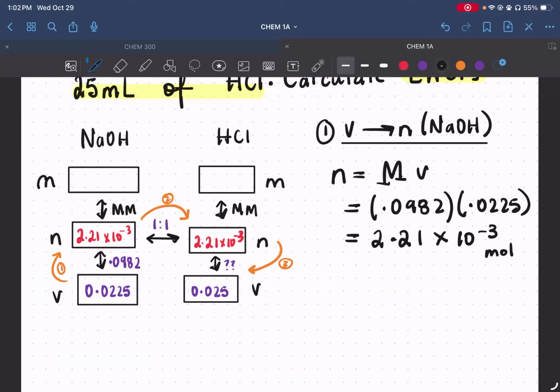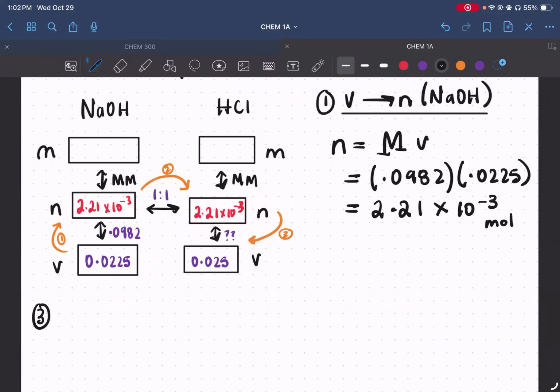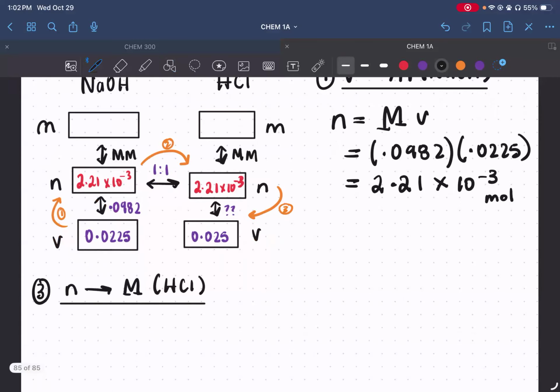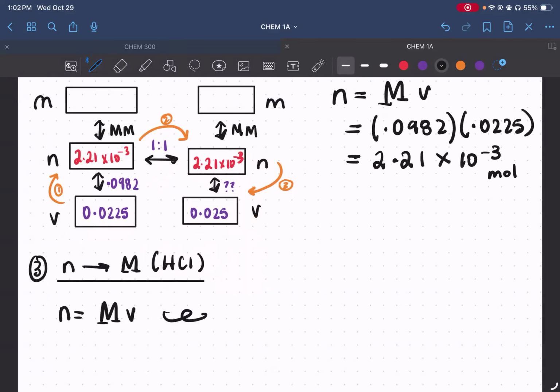And then all that's left is step 3, which is going from moles to molarity, specifically of HCl. We know the general equation, n is equal to M times V. If we want to try to find molarity, we divide both sides by V, that becomes n over V. Think about where that came from.